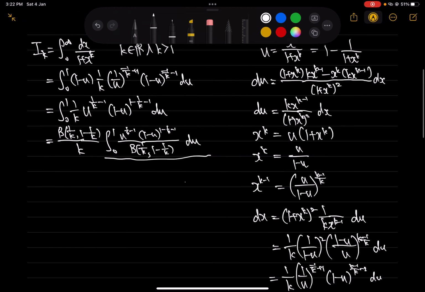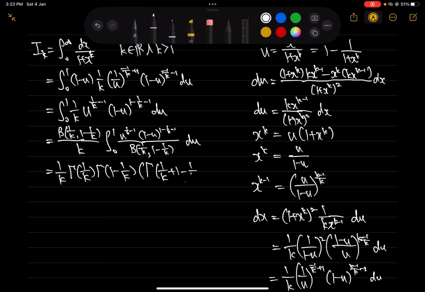This one is a probability density function, and this is integrated over omega, so this thing will be 1. And then beta of that is just a bunch of gammas multiplied. So we have gamma of 1 over k, gamma of 1 minus 1 over k, and then gamma of (1 over k plus 1 minus 1 over k) to the power of negative 1.